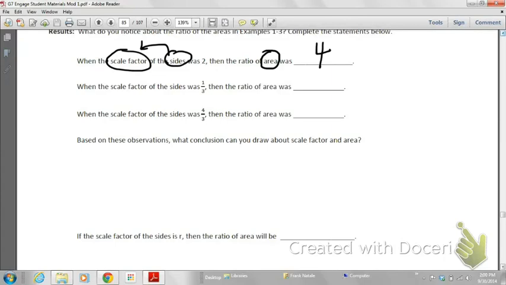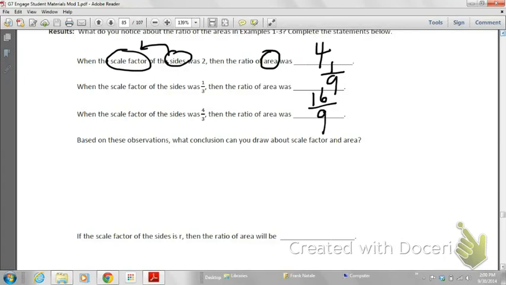Now when the scale factor of the sides was 1/3, then the ratio of the area, if you remember, was 1/9. When the scale factor of the sides was 4/3, then the ratio of the area was 16/9.